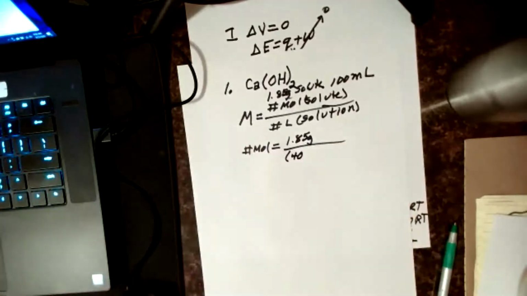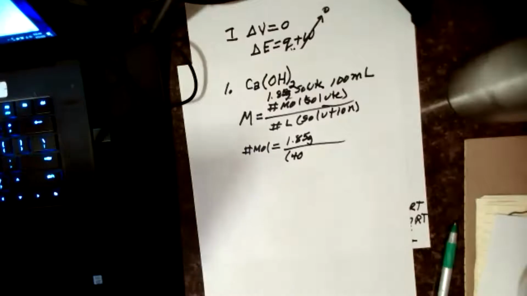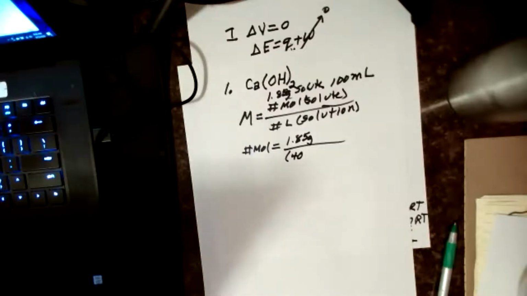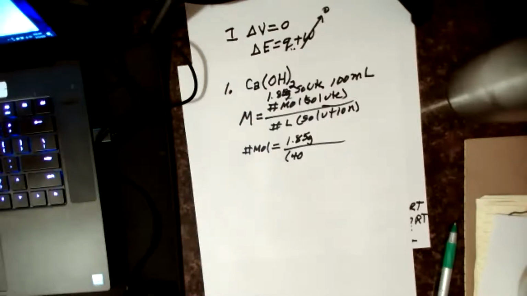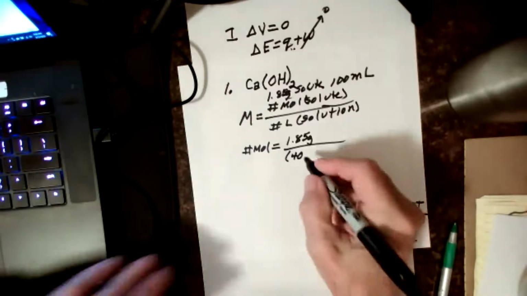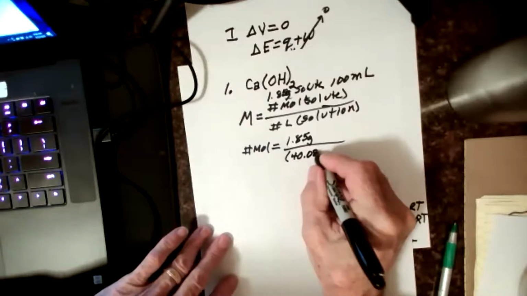Let's see, I better get my periodic table where I can see it. I keep telling myself I'm going to print one out that's bigger, easier to read. Okay, about 40.08 if I want 4 significant figures. So let's do it, 40.08.